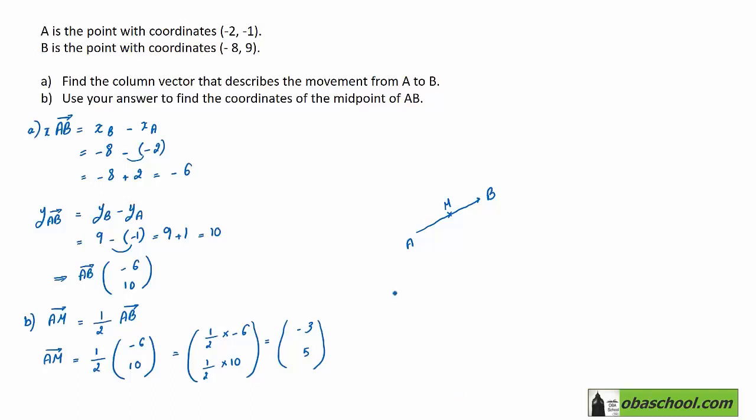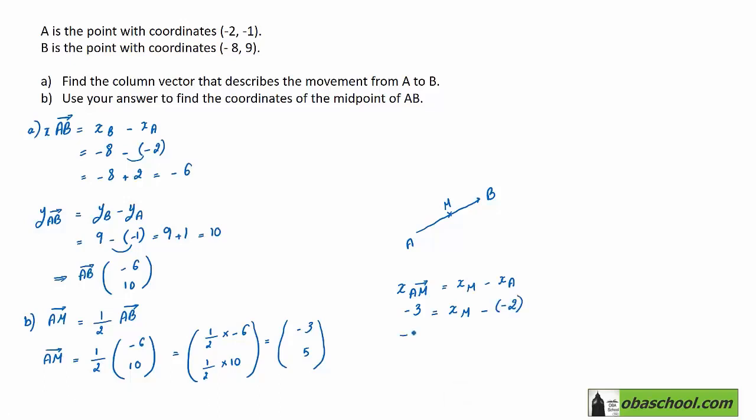At first, we're going to have to find the x and the y. We know that the x of vector AM is equal to the x of M minus the x of A. And we already have the x of vector AM, which is -3. And we need to find the x of M minus the x of A, which we also already have, and that is -2. So it's going to be minus -2.